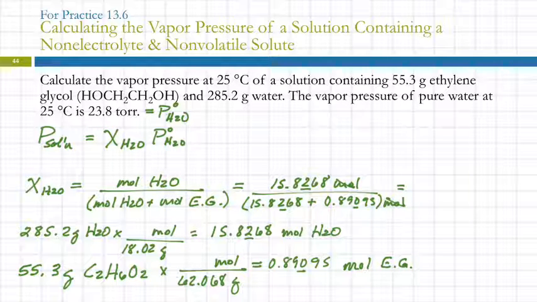Be careful when you're doing the math here, because you don't want to miscommunicate with your calculator. So I take the numerator and I'm going to divide by the denominator, and I'm going to use parentheses. I'm getting 0.9467.